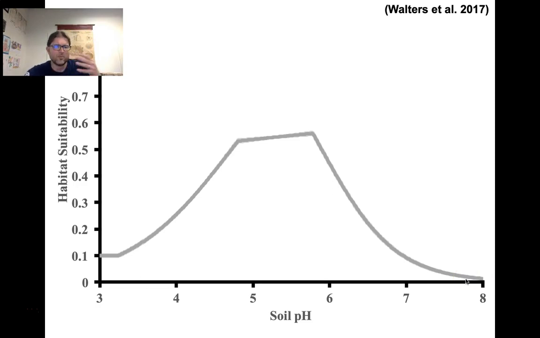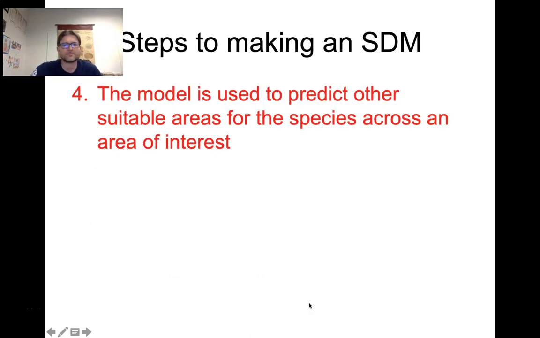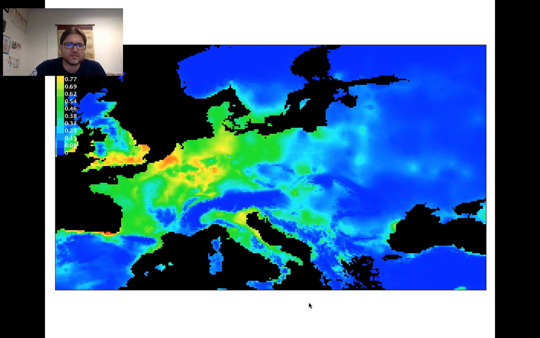So when you're doing species distribution modeling, you won't just have one environmental variable. You'll have these equations generated relating habitat suitability of your species for all of your different environmental variables. And then these equations are used to predict other suitable areas for the species across an area of interest.